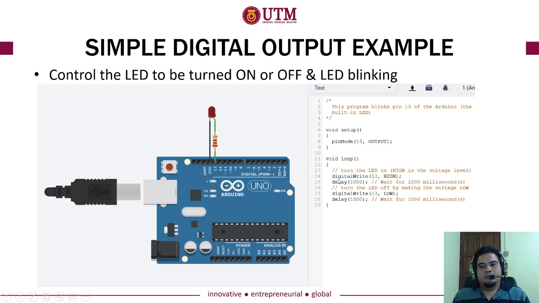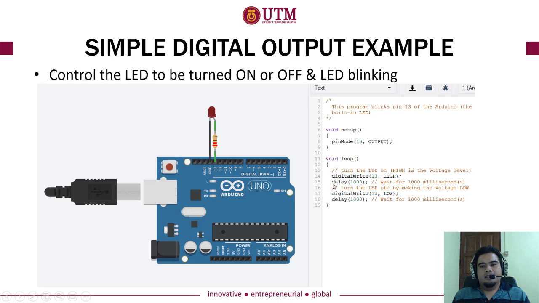So that's why you can use the digitalWrite function. Then inside this loop function, you apply digitalWrite, you set the port that you want to write, which is number 13, and then you set it to HIGH for 5 volt, or 1 in binary, and that will make this LED turn on.